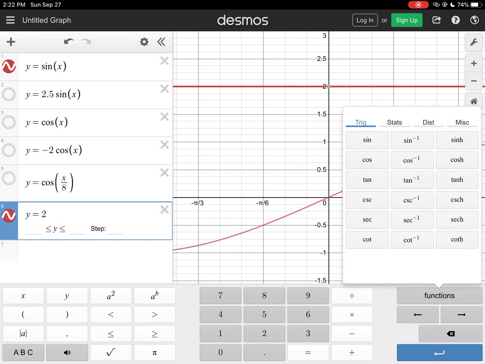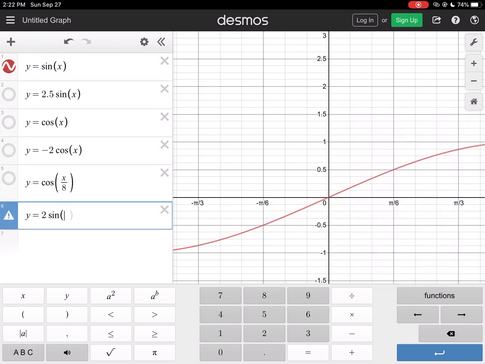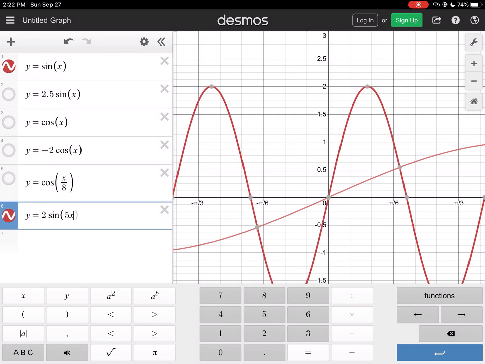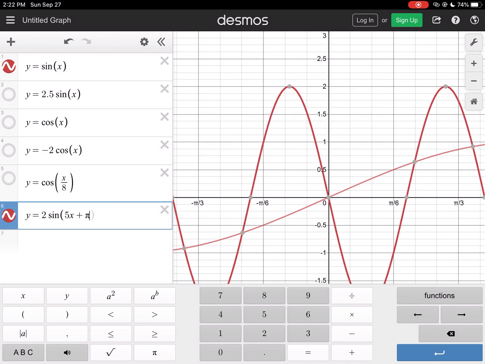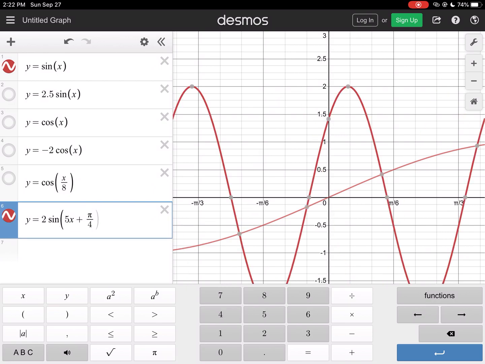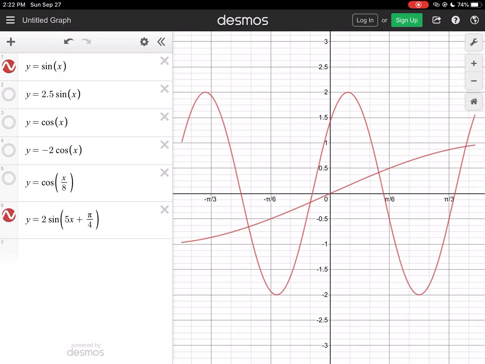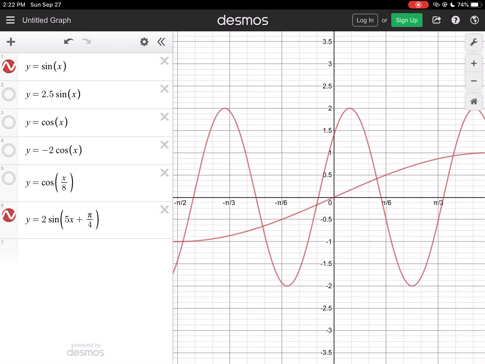Sine of 5x plus pi over 4. And now we can see what that function looks like compared to sine. I guess we don't even need the sine on there. Let's just get rid of that.